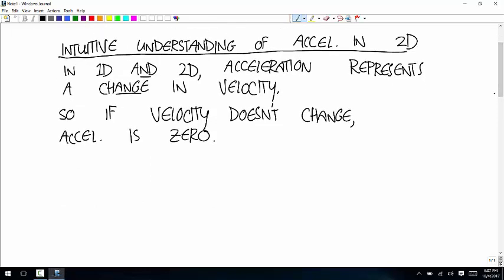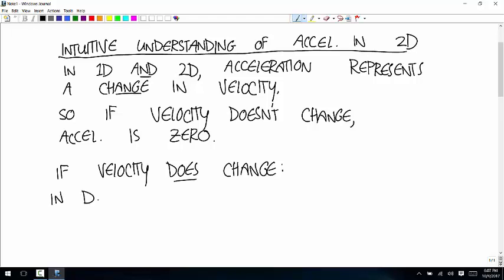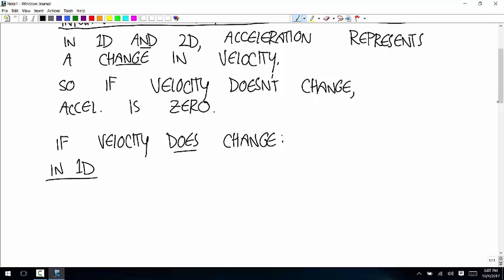But here's where things are different between 1D and 2D. If velocity does change, then in 1D, let's do that first, the only thing acceleration can do is change the speed.